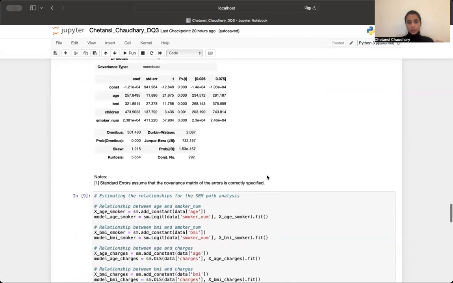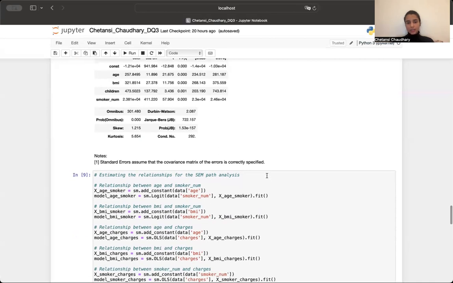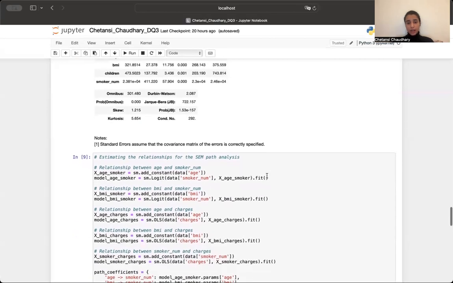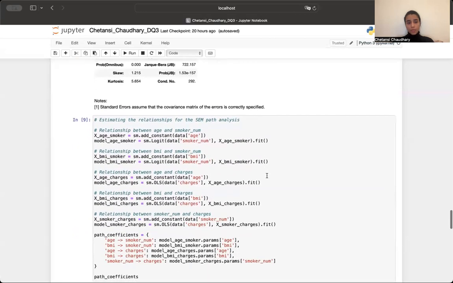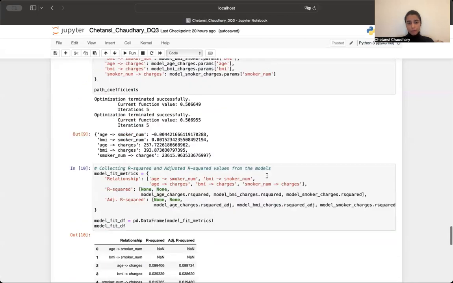Further, we are going to calculate the path analysis. We are going to get the path coefficients to understand how closely they are related. Even though we have the heat map, path analysis would give us more clarity over it. So we have also touched upon structural equation modeling, though in a simplified form.